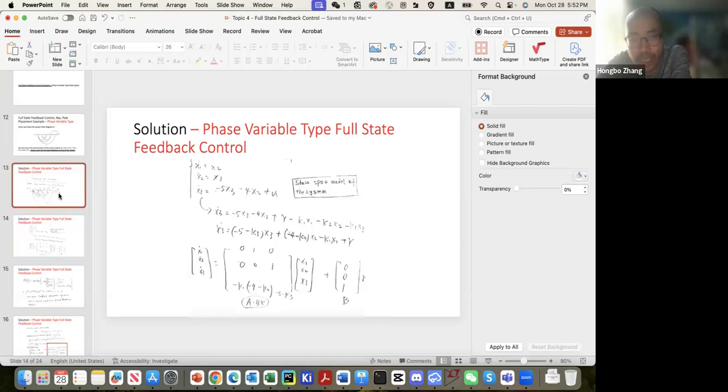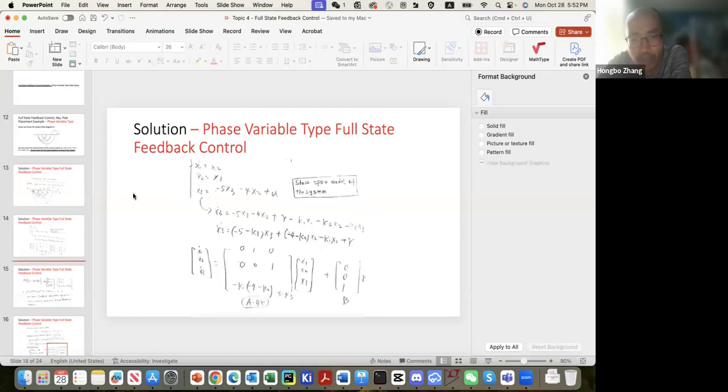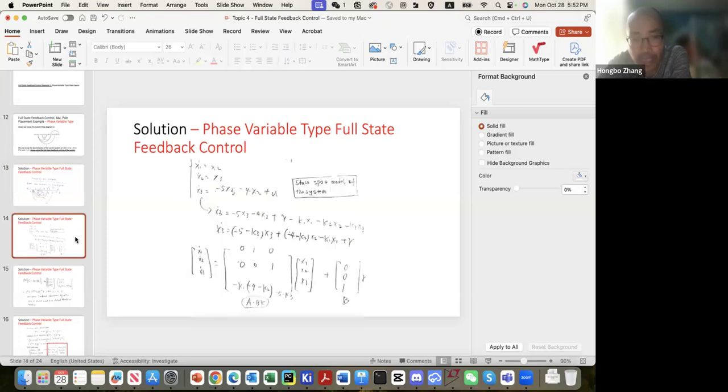Based on this flow diagram, we can derive the state space. How come? Because you know the flow diagram, you can draw the state space easily. Why easily? Because remember like before, once you know that, you can draw like this.